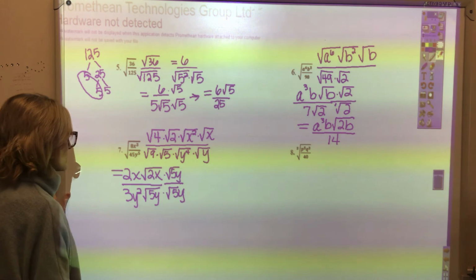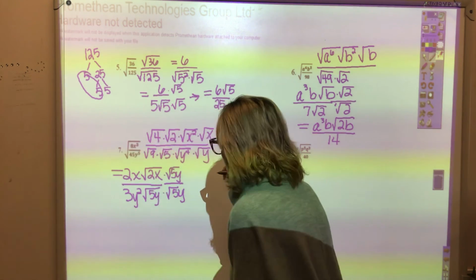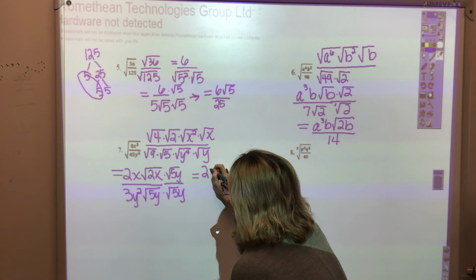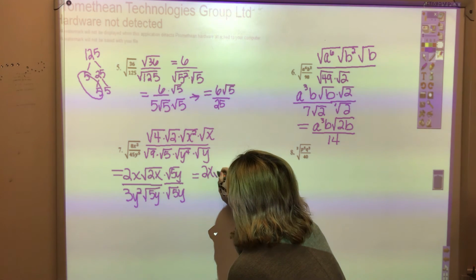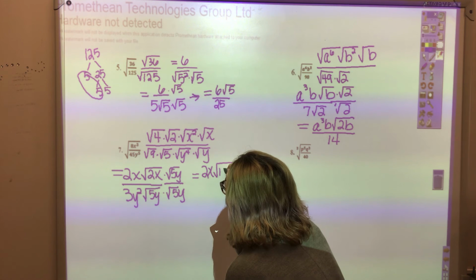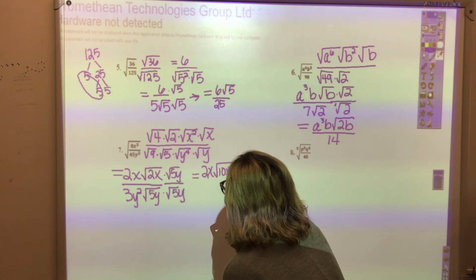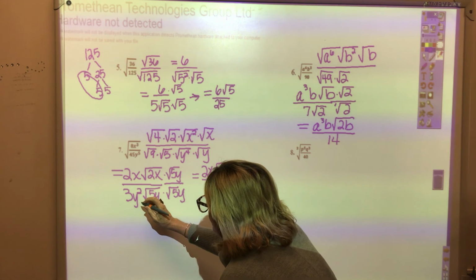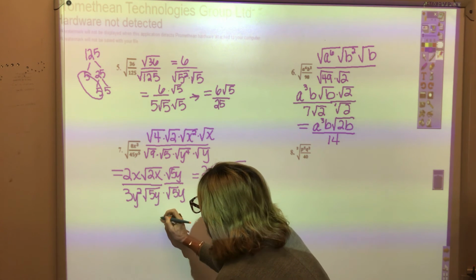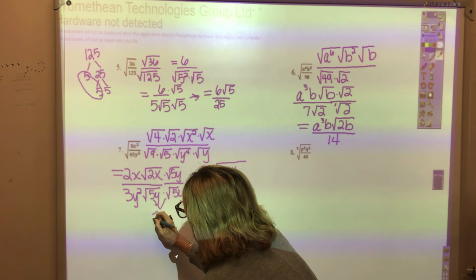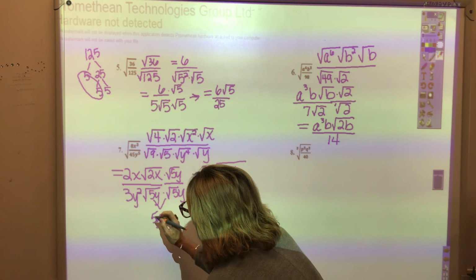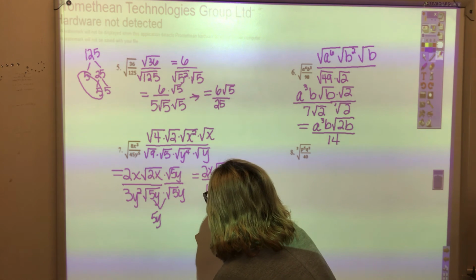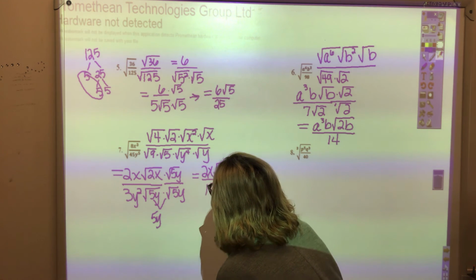So what my answer is going to be is, the numerator is going to be 2x times the square root of 10xy. And our denominator is going to be 3y squared times 5y. Just keep in mind this is a 5y. So 3 times 5 would be 15. Y squared times y would be y to the third.